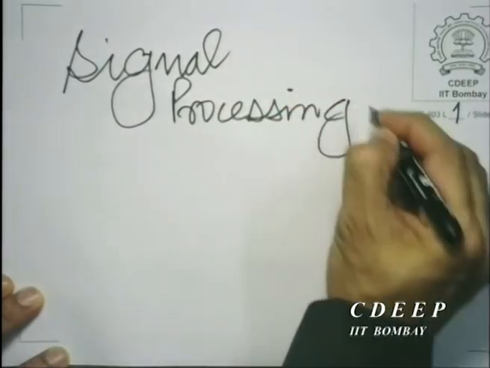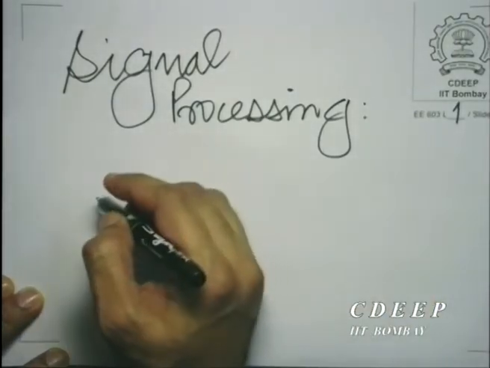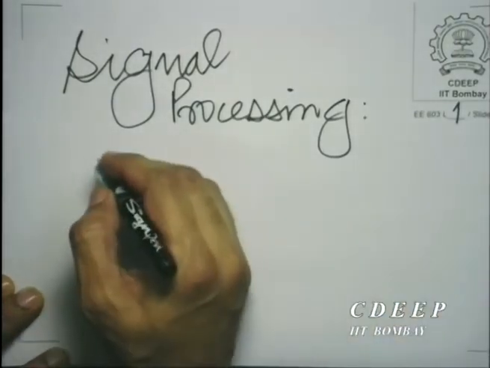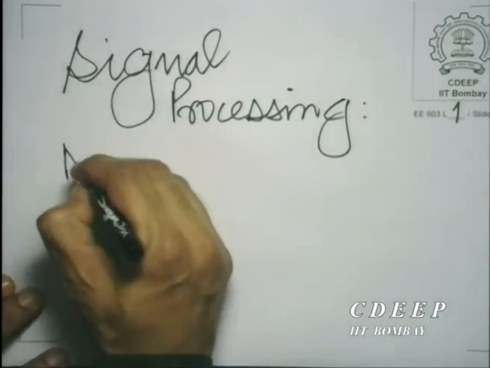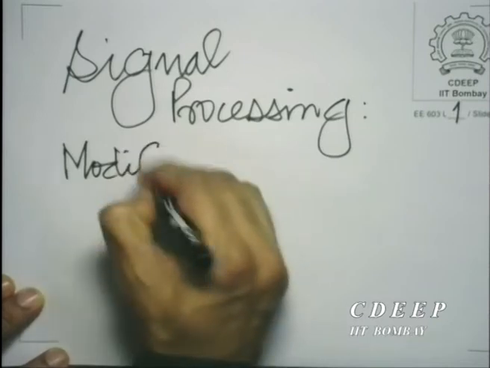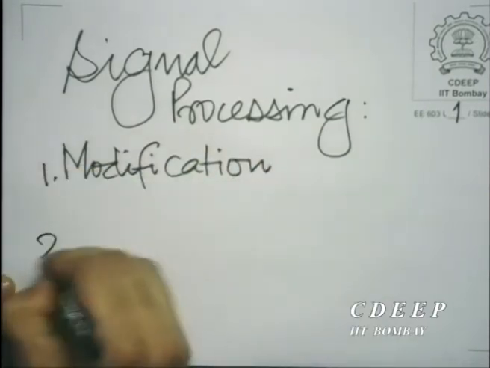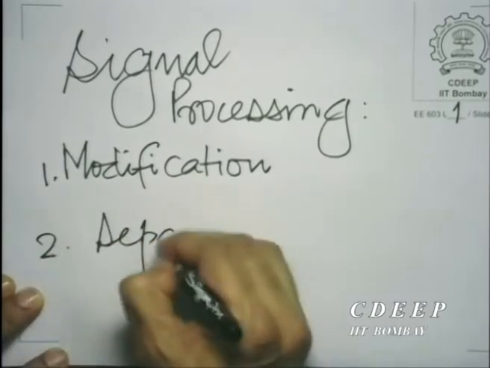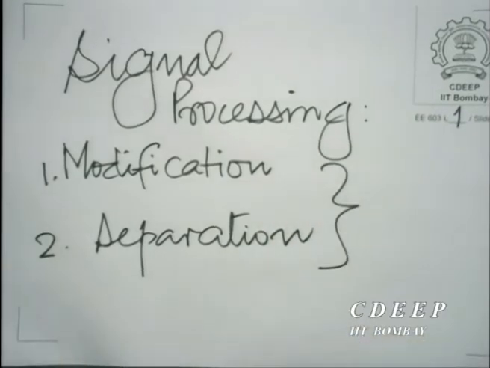Again, to cut a long story short, signal processing means two things. Essentially, modification and separation. At least from our point of view, it means two things.